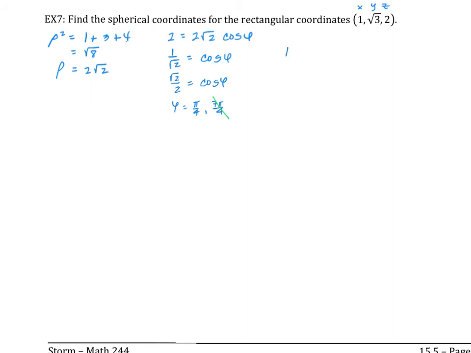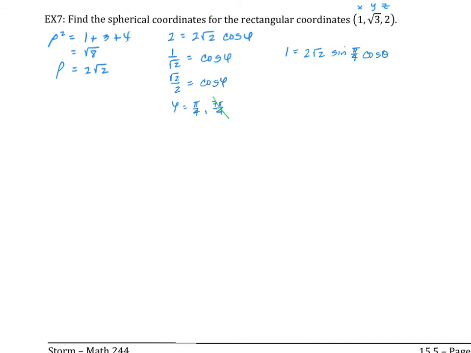So I have 1 equal to 2 square root of 2, that's my rho, times sine of pi over 4 times cosine of theta. Now I'm just solving for my cosine of theta.